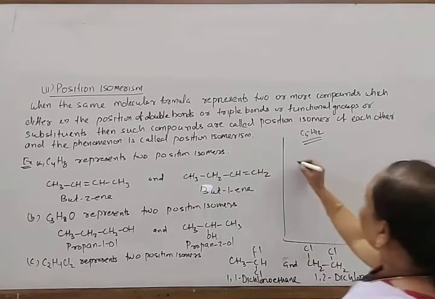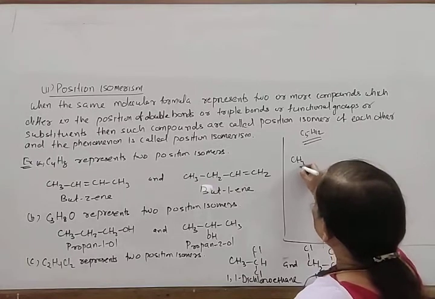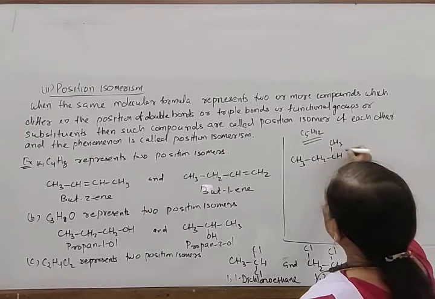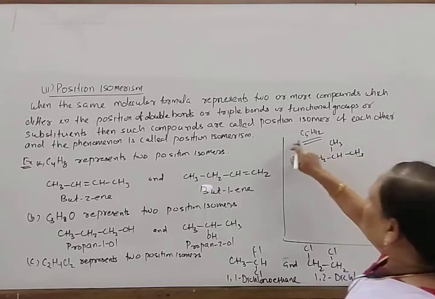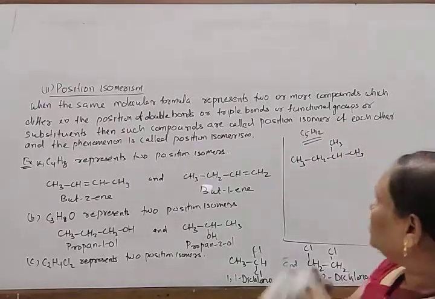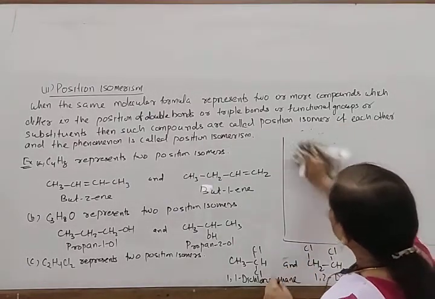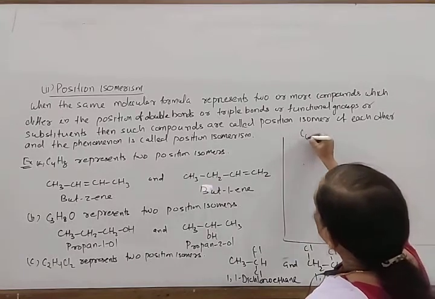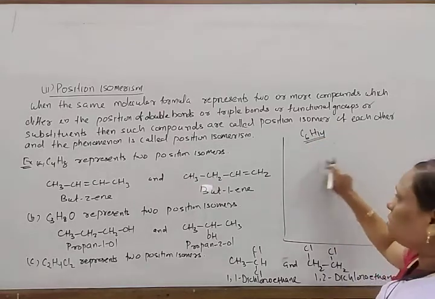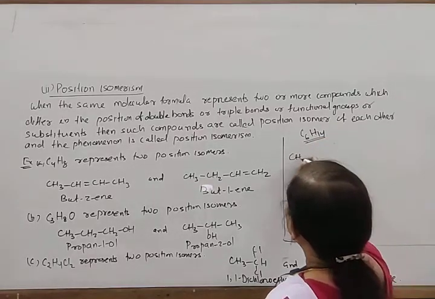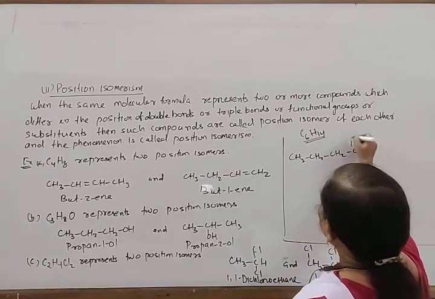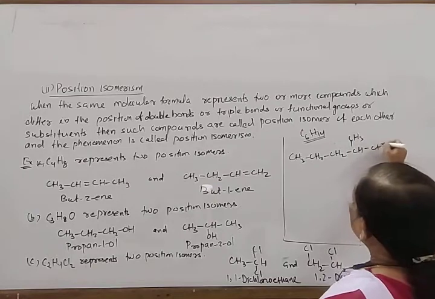Look here, one may be written like this: CH3, CH2, CH3, CH. Okay, C4H10 does not represent a position isomer. If it is C6H14, that represents different position isomers. Look here, it is CH3, CH2, CH2, CH, here CH3 and here CH3.